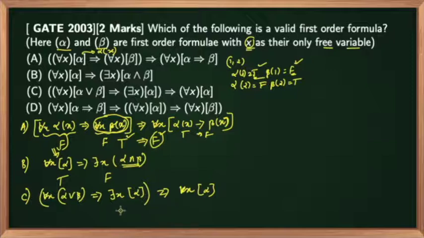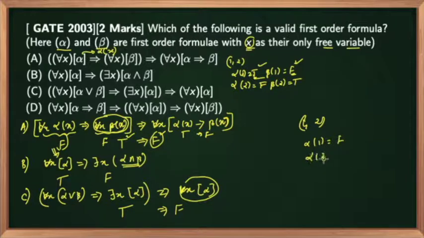Okay, so I need to have true implies false, right? True implies false. That means for all x alpha should be false. Okay, so if I have domain 1 and 2, I can say alpha of 1 should be false and alpha of 2 I can take it as true. Then this is okay, right? This right hand side will be false.